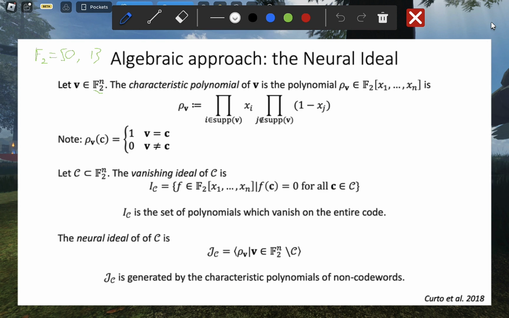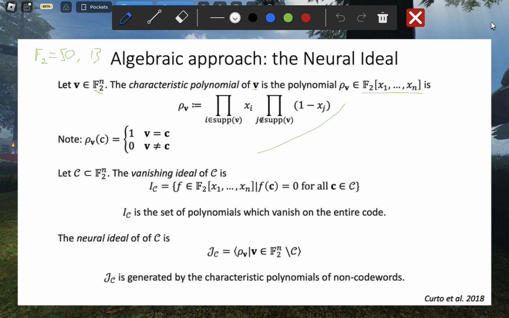And n is our number of neurons. So we have the finite field over all these variables here. So this is our polynomial ring. And then some characteristic polynomial on V is defined like this. So what is V, by the way?